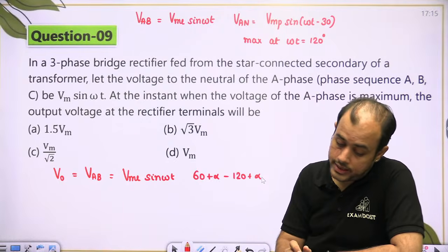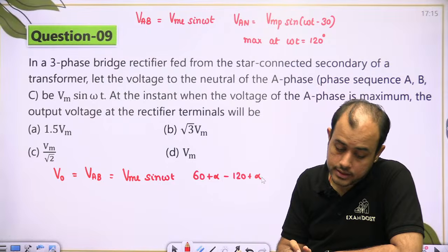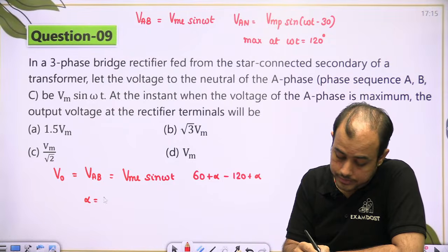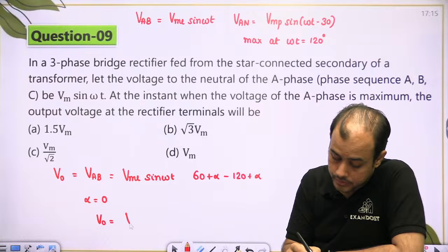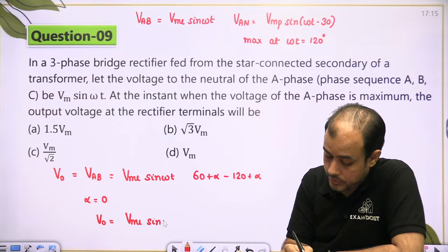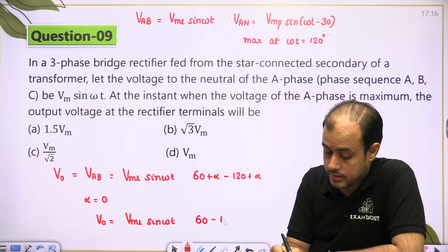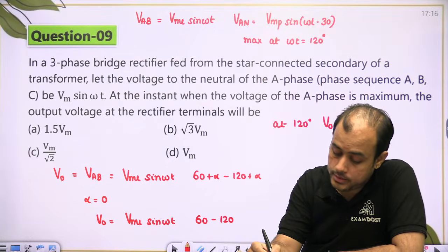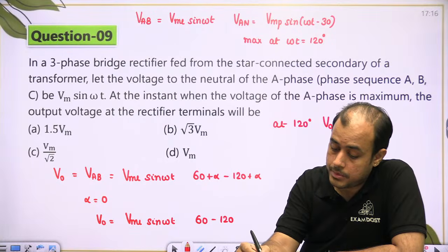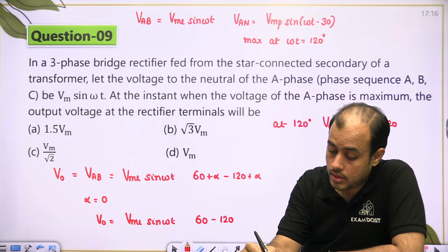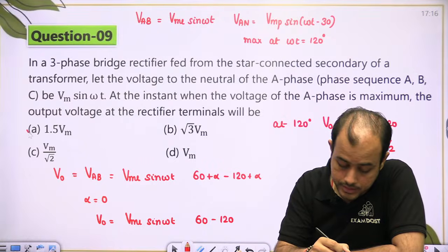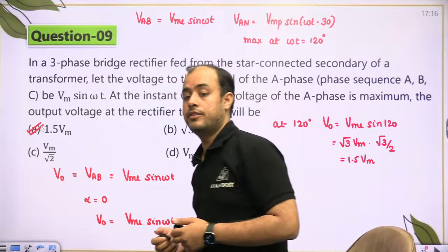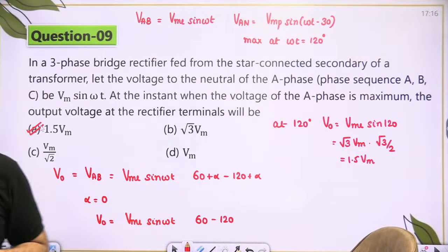Now, alpha is not given. So at 120, when A phase voltage is maximum, it is root 3 VM sine 120, which is 3 root 3 by 2... 1.5 VM. So the answer is 1.5 VM.